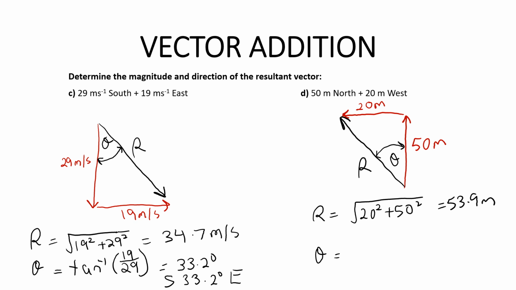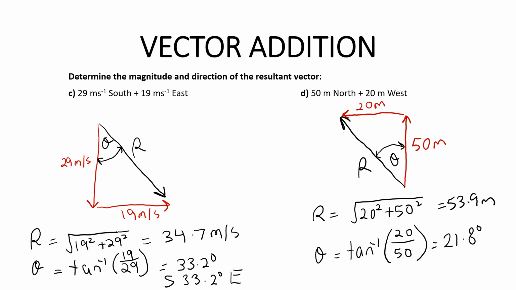So tan theta equals opposite is 20 over adjacent, which is 50. And therefore theta equals tan inverse of 20 over 50, which is equal to 21.8 degrees.